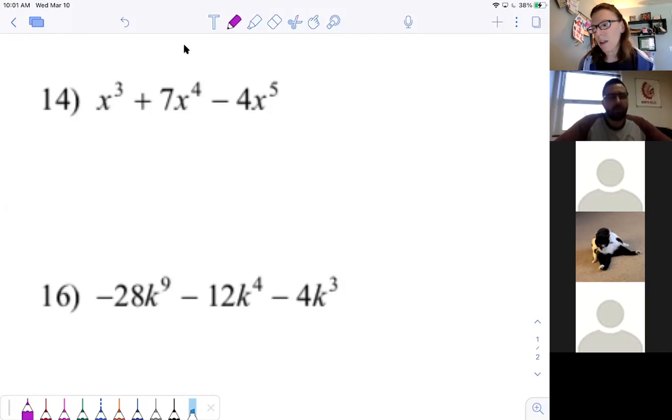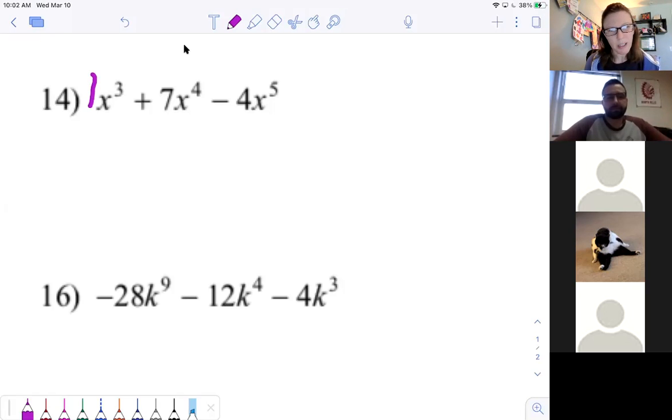x cubed plus 7x to the 4th minus 4x to the 5th. So starting with the numbers, that first term really has a 1 in front. If you like writing that 1 there, you can feel free to write that there just so you can see a number sitting there. Haley, are 1, 7, and -4 divisible by anything?